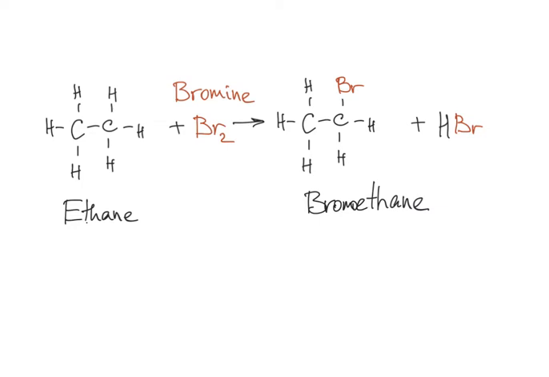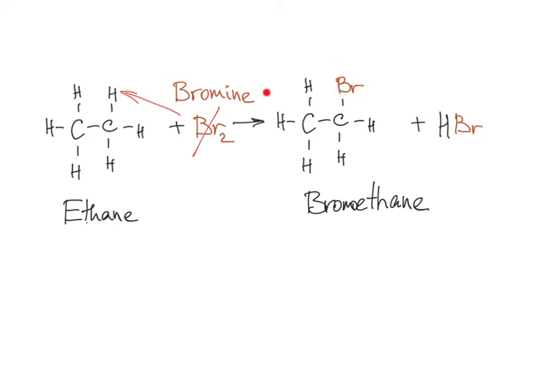Let's see how a similar reaction happens between this ethane, once again a saturated hydrocarbon, and this molecule of bromine. Bromine gets separated into atoms of bromine. One of those atoms goes around and knocks the hydrogen out of its place and replaces it, substitutes hydrogen in the molecule.